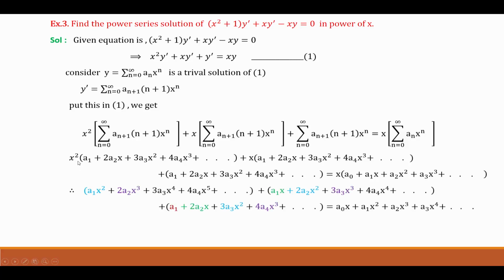Open this bracket, we get first term a1x square plus 2a2x cube plus 3a3x raised to 4 plus 4a4x raised to 5 plus dot dot dot.